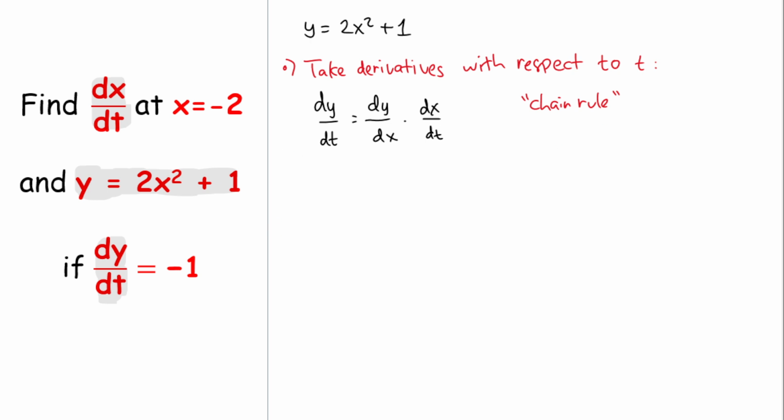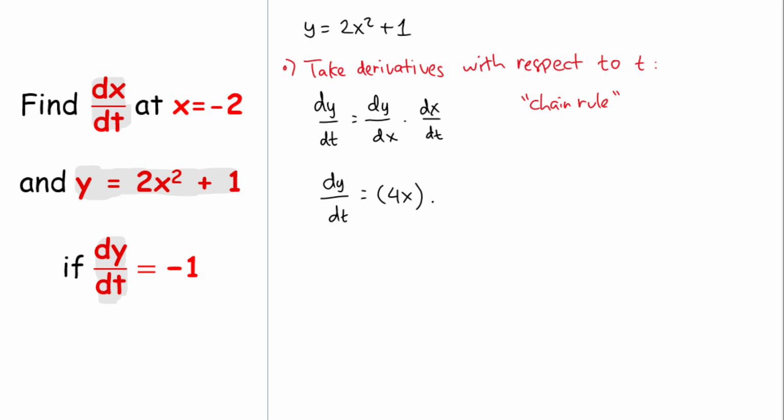Now let's plug in the variables that we know. We will have dy/dt here, and the derivative of y with respect to x we can just get using the power rule. For this term, the derivative of 2x squared is 4x. Plus 1 is just a constant, so the derivative of it is 0, and I don't need to write it.